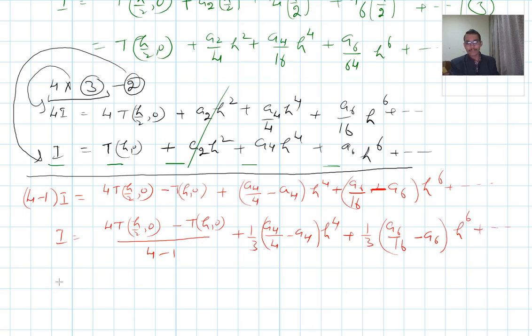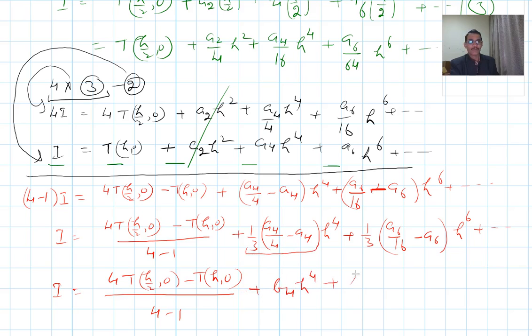And this integral I will become (4 T_{h/2,0} minus T_{h,0}) upon (4 minus 1) plus b4 h raised to power 4 plus b6 h raised to power 6 and so on, right? Let us call this equation number 4.